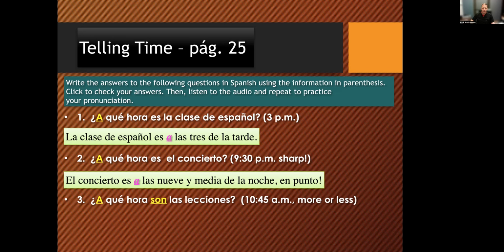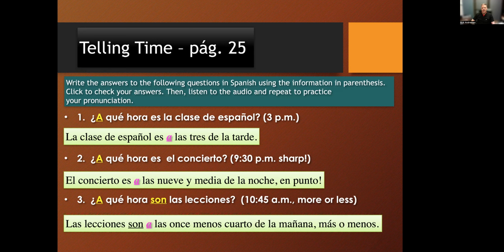Well done. Número 3. ¿A qué hora son las lecciones? 10:45 a.m. more or less. Las lecciones son a las 11:15 de la mañana, más o menos. Clases, repitan. ¿A qué hora son las lecciones?